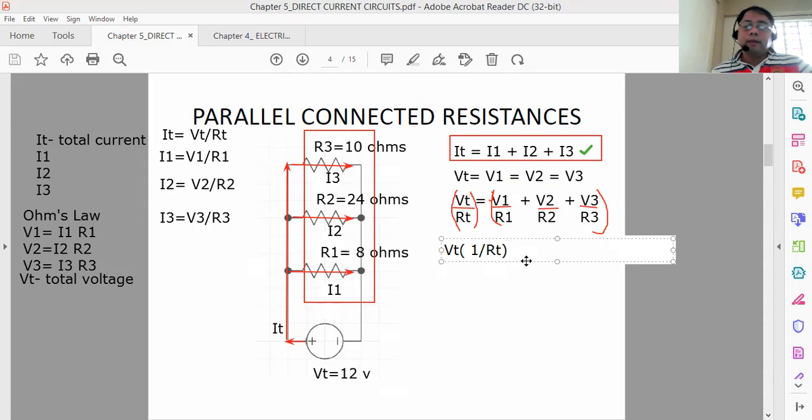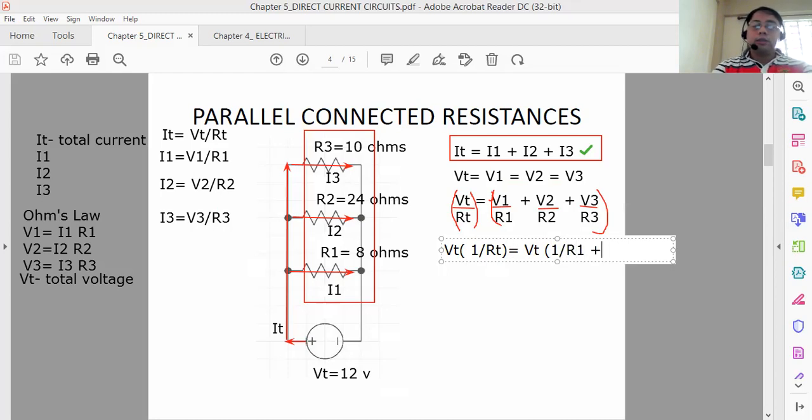Now again, if V1 is VT, then we can also get it out from our expression. V1 being equal to VT, V2 being equal to V sub T, V3 being equal to V total. Then what will remain inside the parentheses? Again, the numerators will all become 1. So 1 over R1.